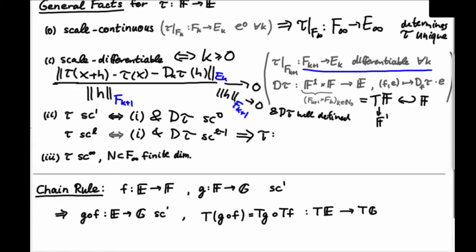If I restrict tau to the appropriate space F_{k+L}, it actually maps F_{k+L} to E_k classically C^L. And that's true for all k. That follows from scale differentiability L times.